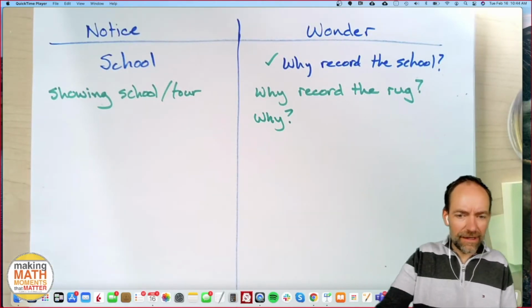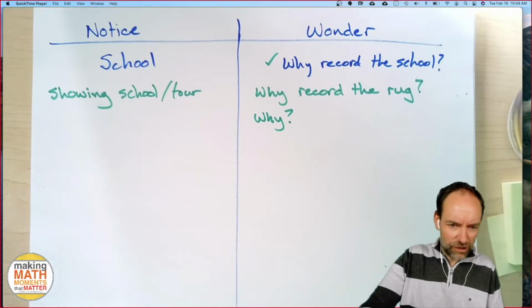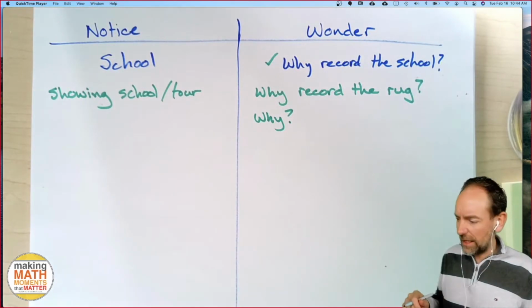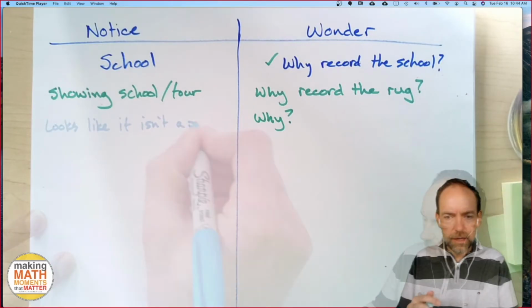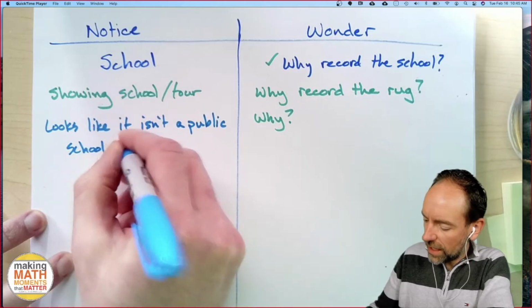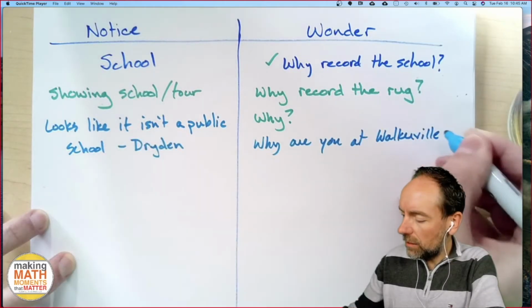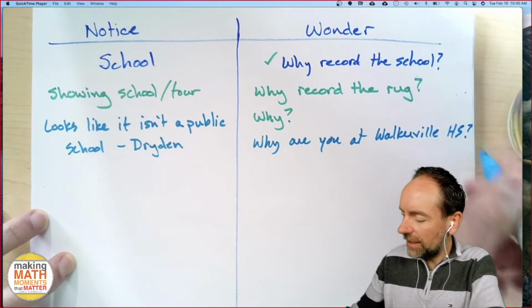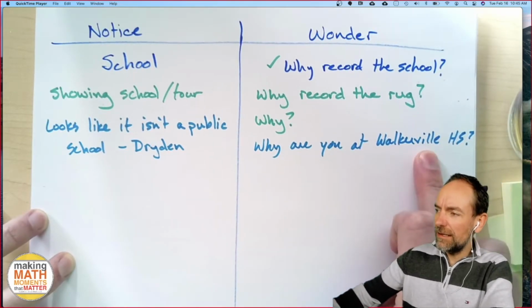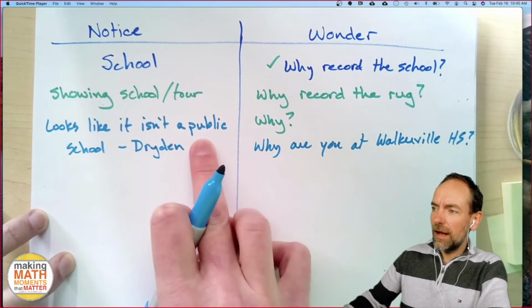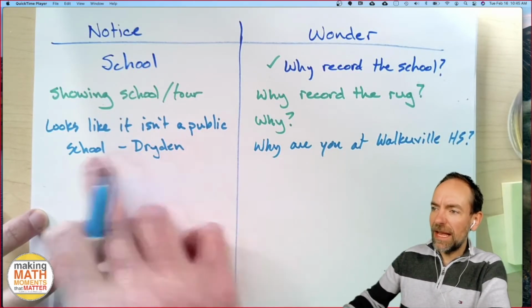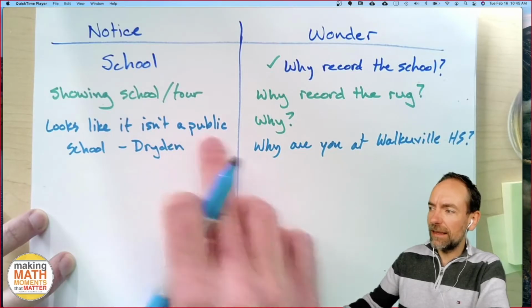Awesome stuff. Anything else coming in the chat? I see a couple digital hands still up, but I don't know if they've shared already. Okay, notice it isn't a public school, and that was Dryden, I heard. And I'm wondering for a second here. I'm hearing this, and actually Walkerville is a public high school, but maybe it's not an elementary school. So it's interesting.